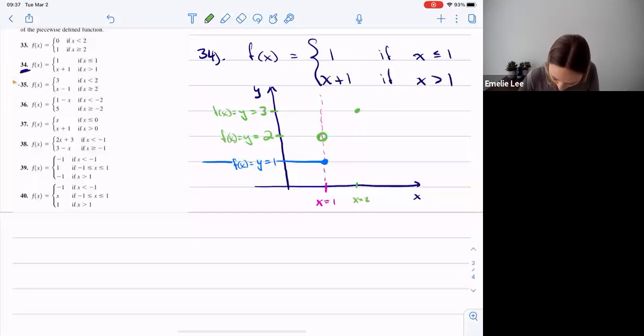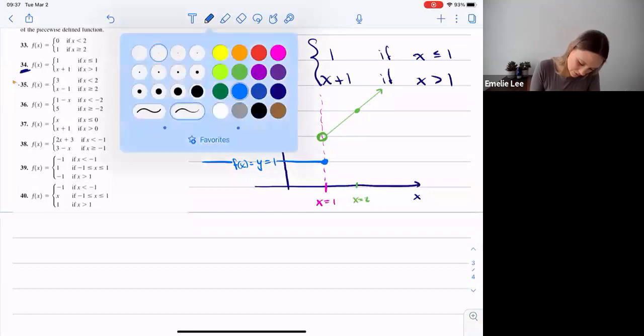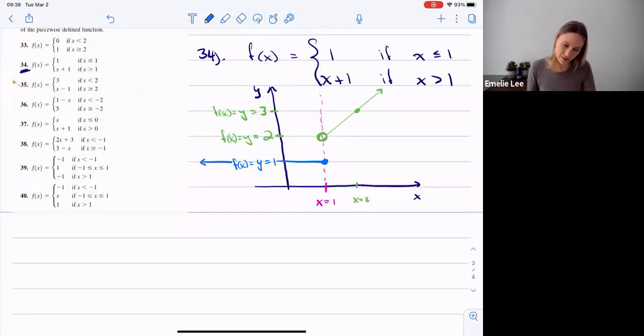So now I can take these. Ideally, I would draw another line or a point there, but I think we get the idea. Okay. So here, this line goes all the way to negative infinity, and then this line picks up and goes all the way to positive infinity.